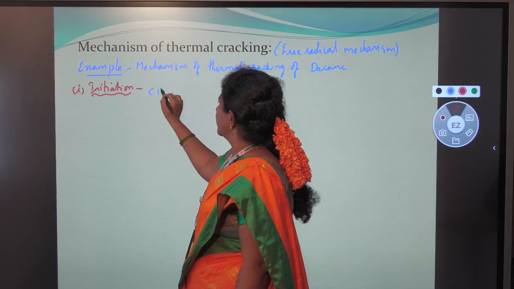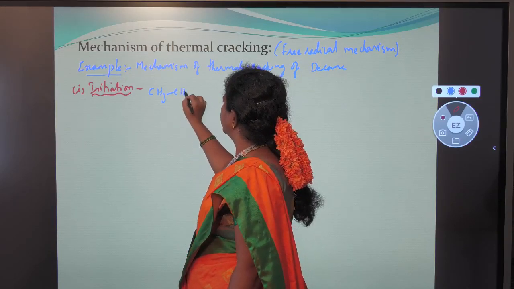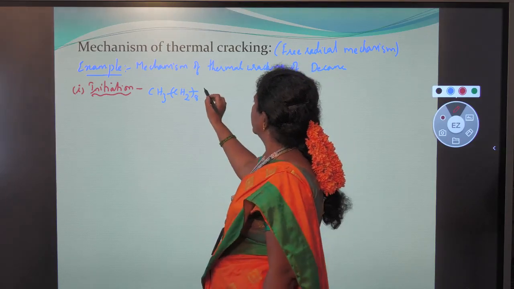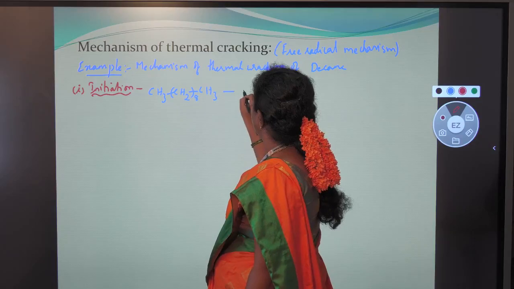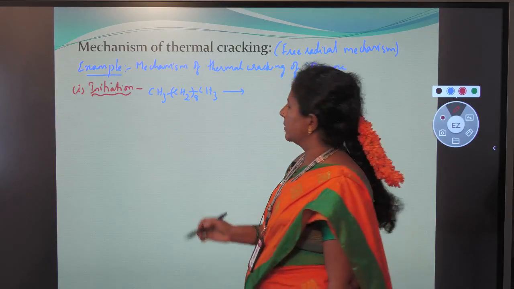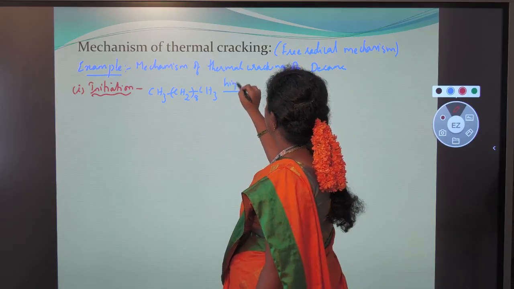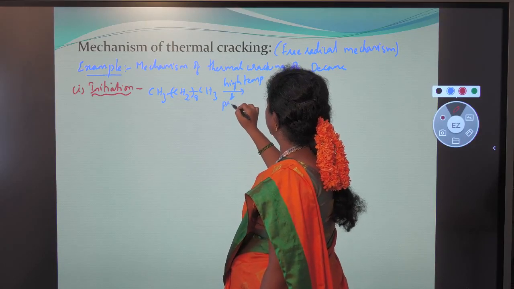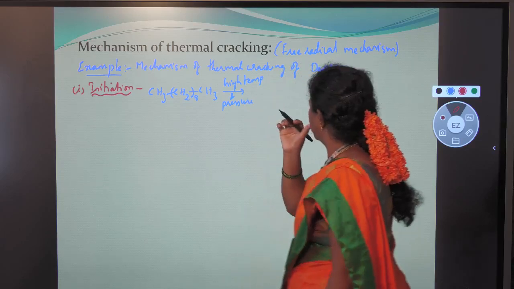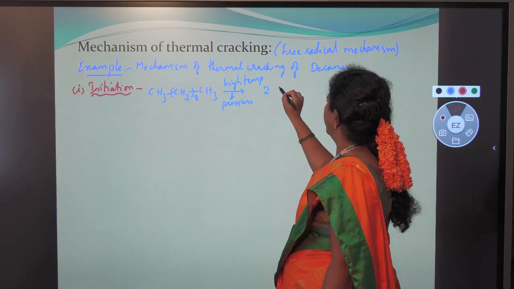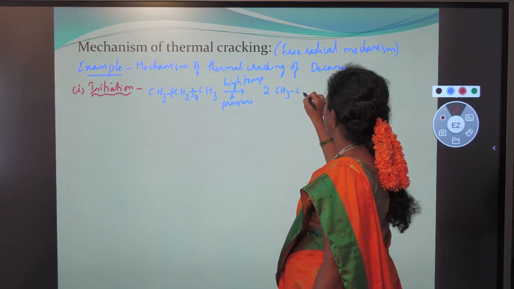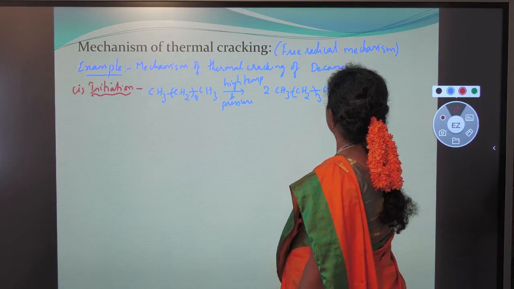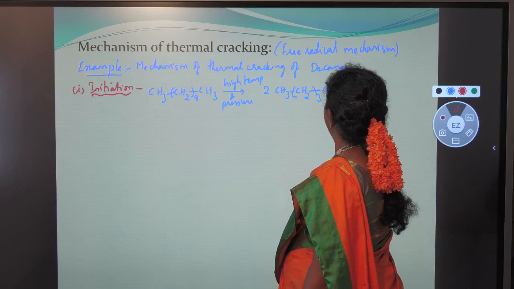Decane is CH3, CH2 eight times, CH3. On subjecting it to high temperature and pressure, it gives pentyl radicals, CH3, CH2 thrice, CH2 radical.